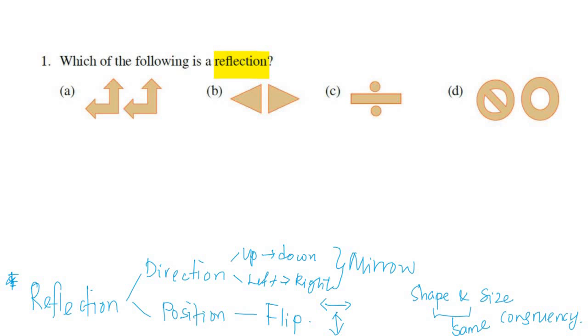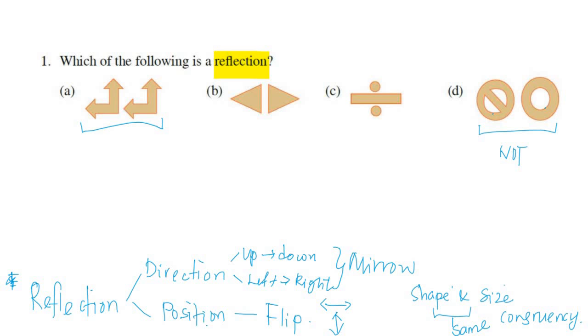Now we have A, B, C, and D. D is not a reflection because the shape and the sides must be the same. Now the first one and the second one have different shapes, so this is not a reflection. Then for the first one here, there is only a change in position but not a change in direction.